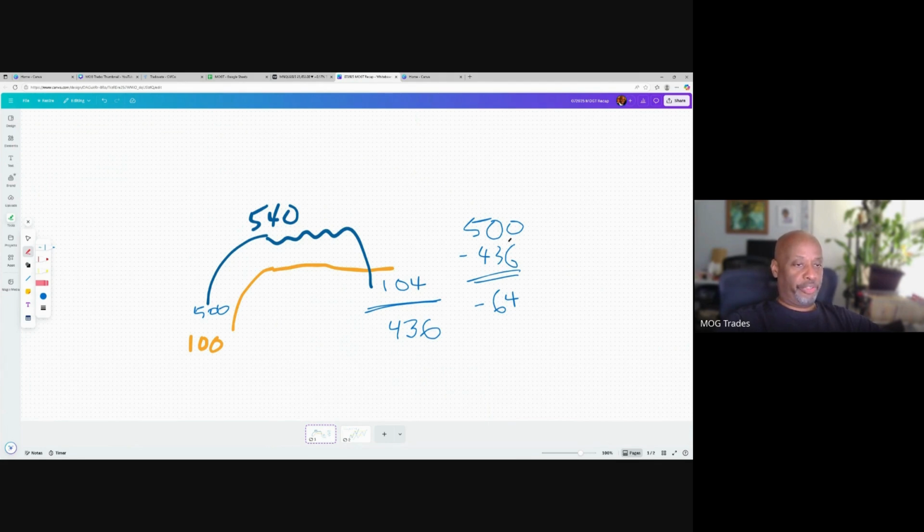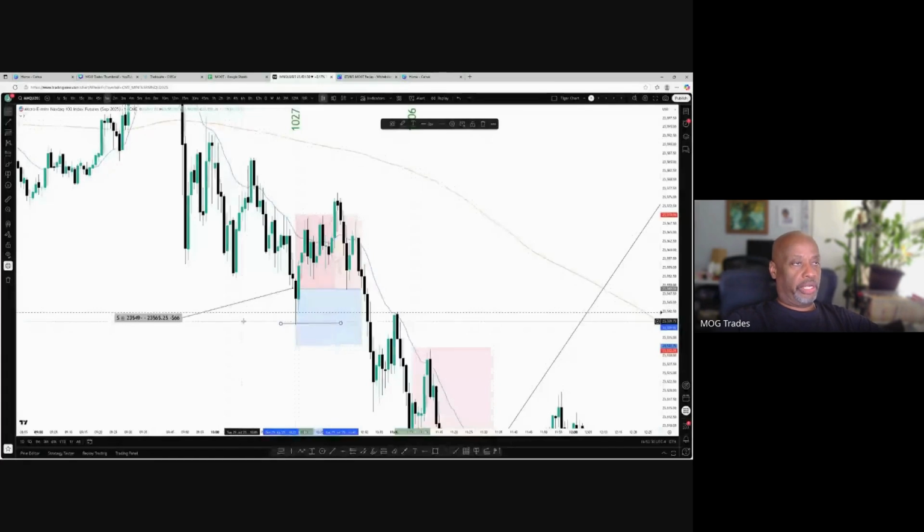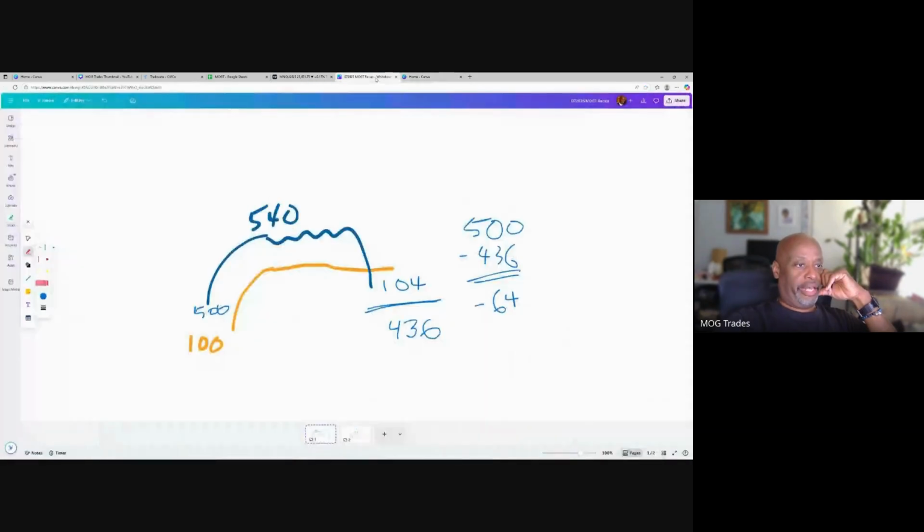So 500 minus the 436, that's 64, and that was what my loss was, $66. So I hope that explains that. Anytime you see trailing drawdown and rules and so forth, this is kind of a basic explanation as to how it works.